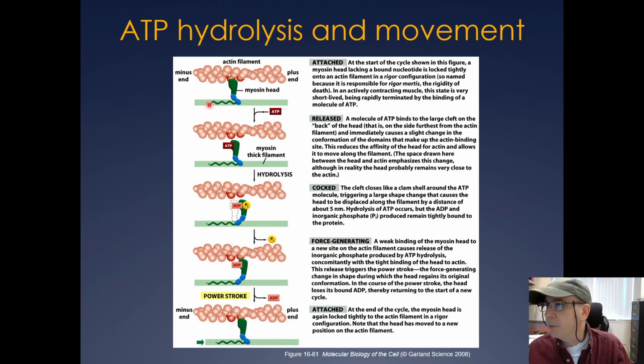This is something I really want you to appreciate, and this is just one myosin head on the myosin thick filament. So this is what's happening during a muscle contraction: these four events, attached, release, cocked, and force generating. And it all has to do with the binding, hydrolysis and release of ATP.